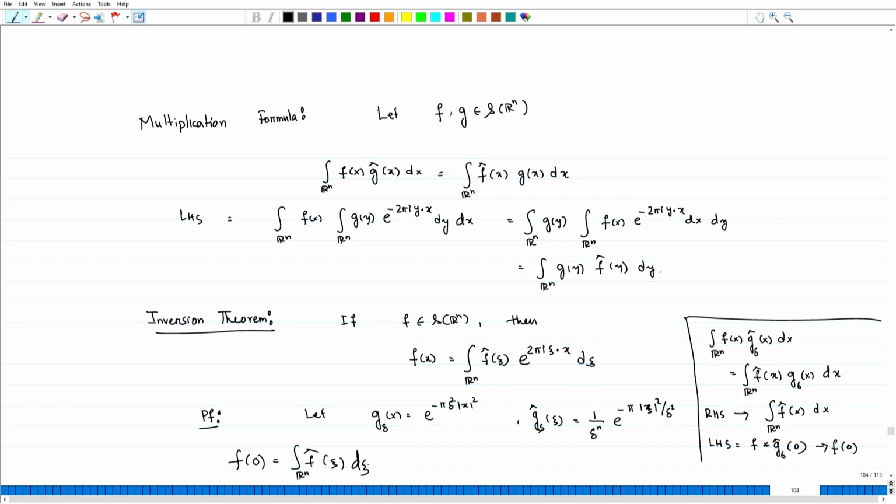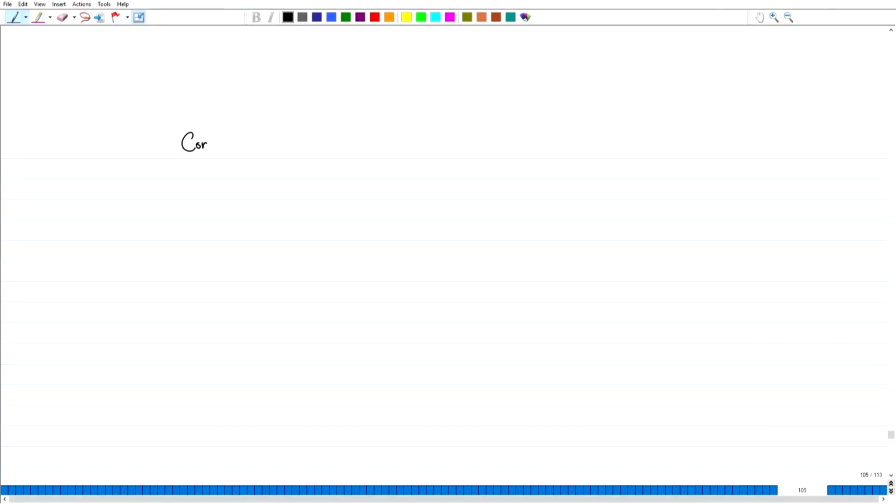Now, in order to get f of x, consider tau of minus x of f. You consider this g of x, which is equal to this at 0.